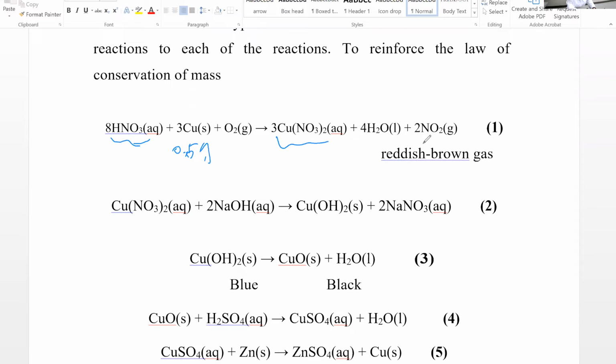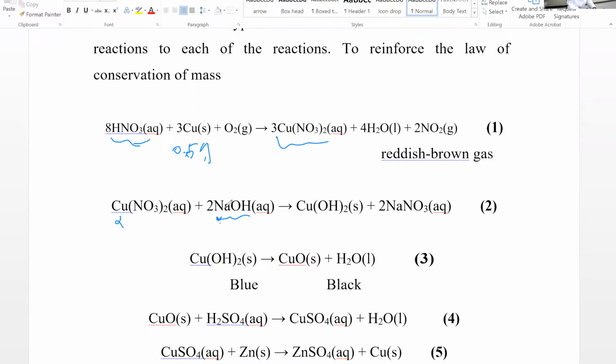You add water to it to dilute, to make sure all the gas is gone. Then you would add sodium hydroxide. When you add sodium hydroxide, copper nitrate is going to have a double displacement reaction. Remember from experiment 17, we have double displacement.